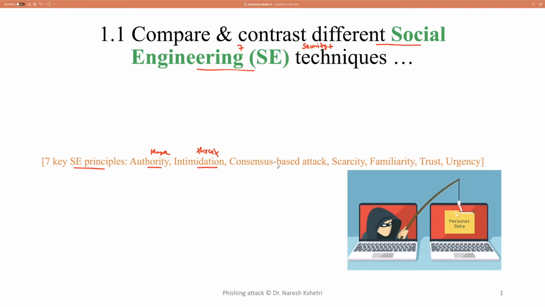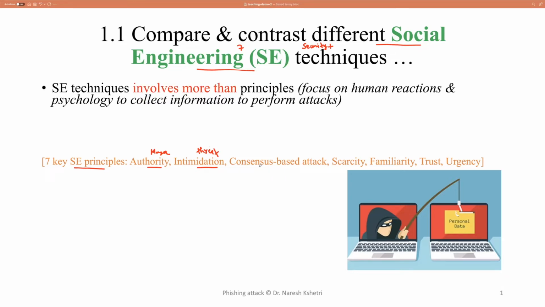And the third key principle is the consensus-based attack. That means people try to do what other people are doing. There might be someone in a department who has already clicked the link, and the attacker brings fake testimonials as social proof to make other people do it and to make it seem like a safe thing.